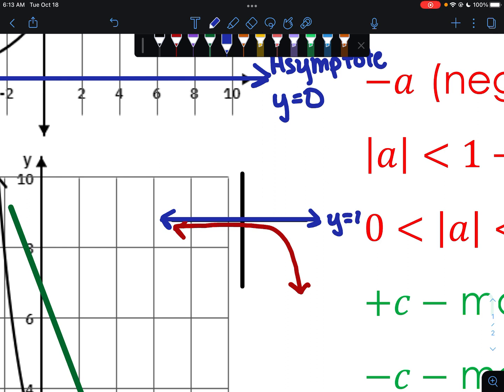Y equals 0, but its range has changed. So the range of this picture that I just drew is y is less than our horizontal asymptote. Okay, so you have to be cautious of, is it above the asymptote or below the asymptote?